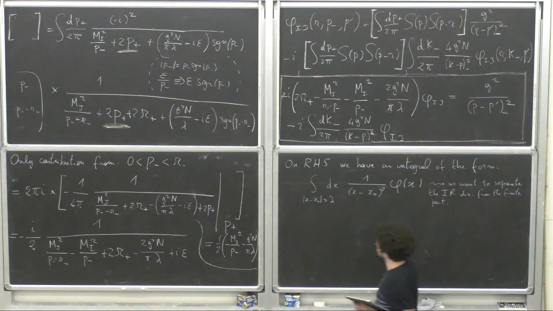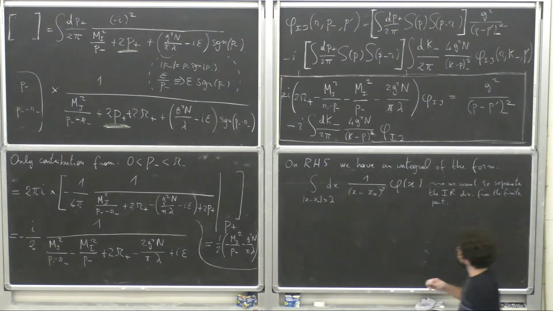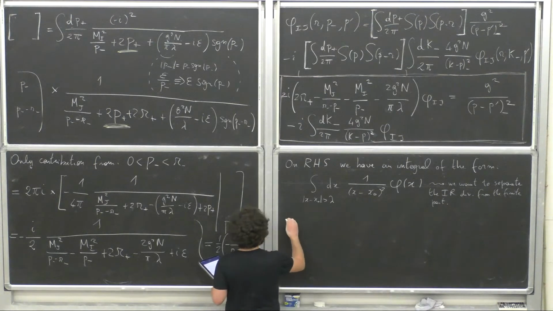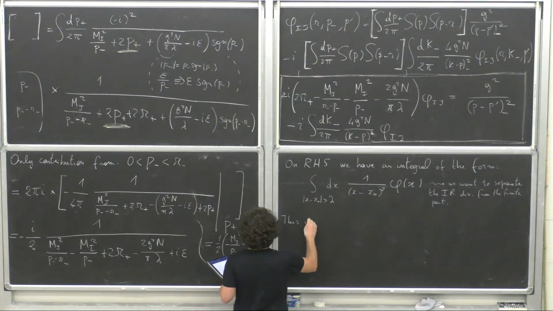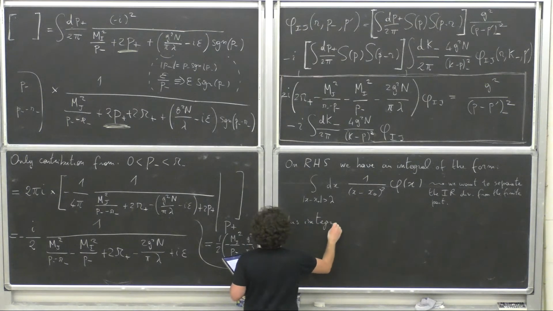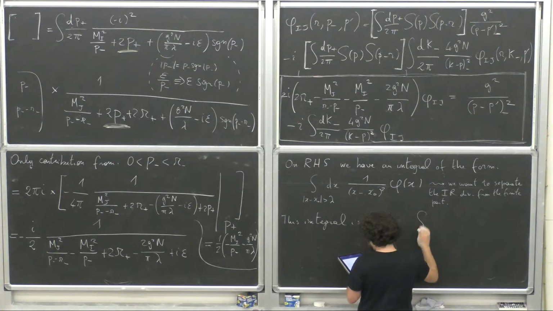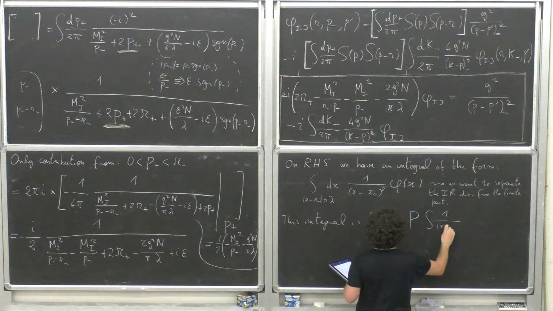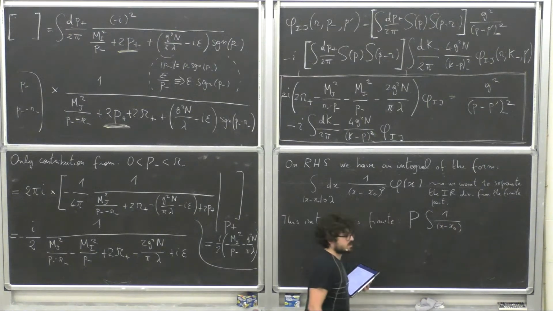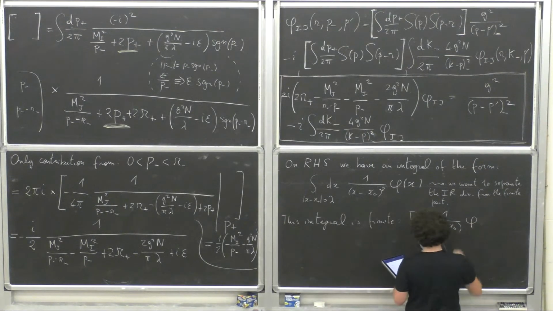Let's remember something which is certainly finite, which is the Cauchy principal value applied to some function. Okay, so this integral is finite. So if we do principal value of 1 over x minus x naught, and we apply to some function.